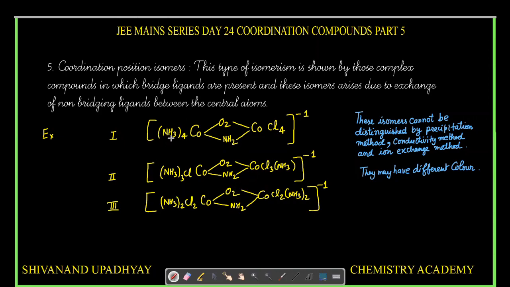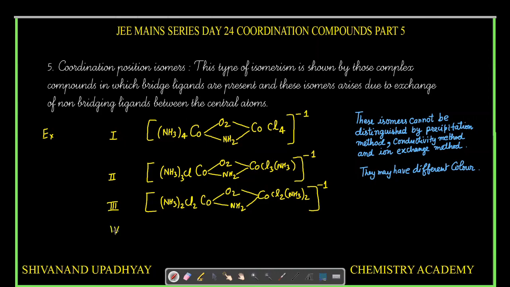Then we can do exchange of two ligands, that is also possible, right? When we do exchange of three ligands here, I can write this is equal to NH3 and this will be Cl.